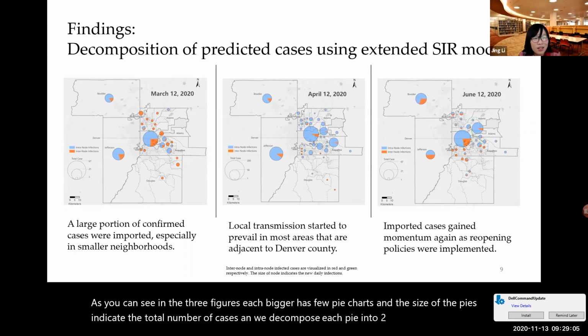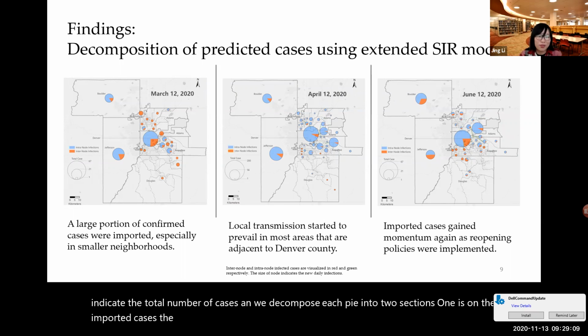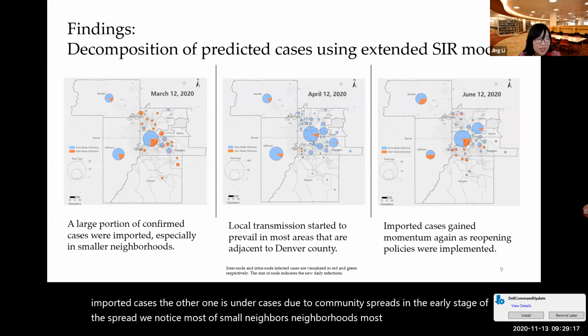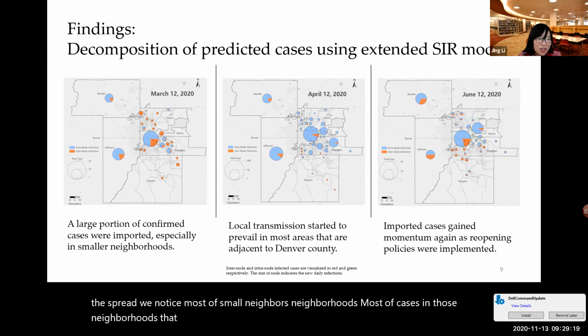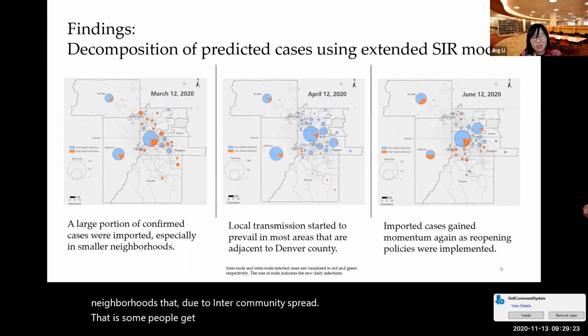One is the imported cases. The other one is the cases due to community spread. In the early stage of the spread, we notice that in most of the small neighborhoods, most of the cases are due to inter-community spread, that is, people get infected because they interact with people from other communities.